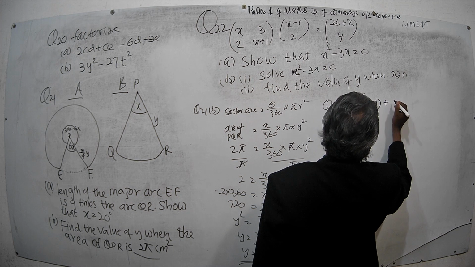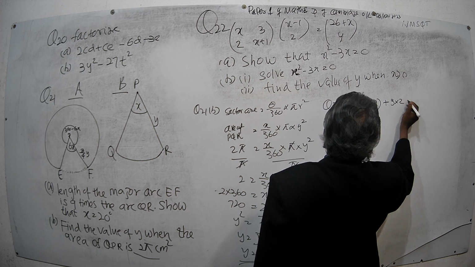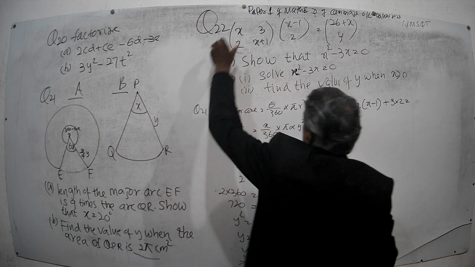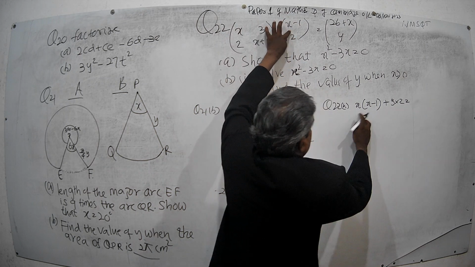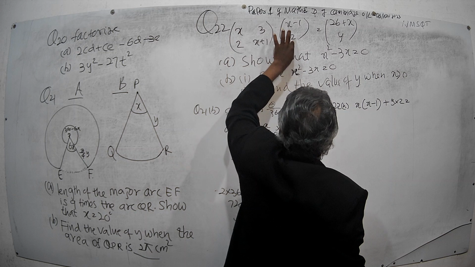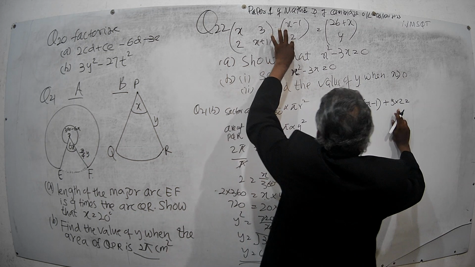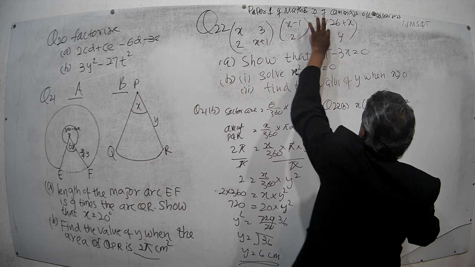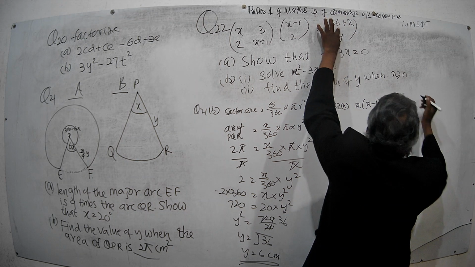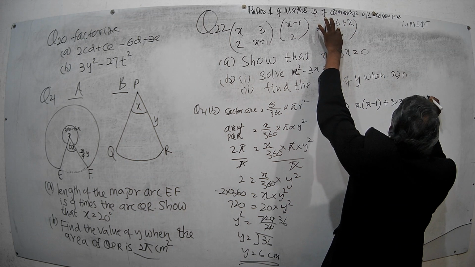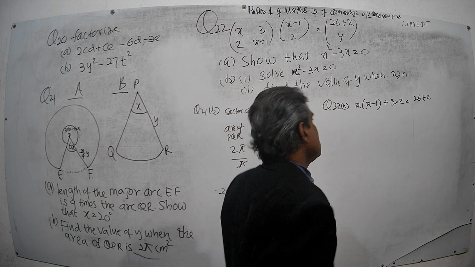That is x times x minus 1, plus 3 times 2, equals this element. This is the first row element.